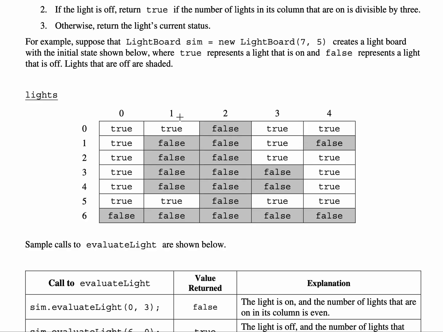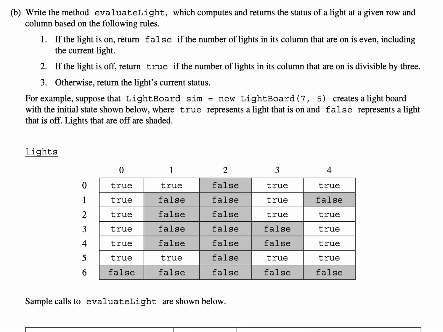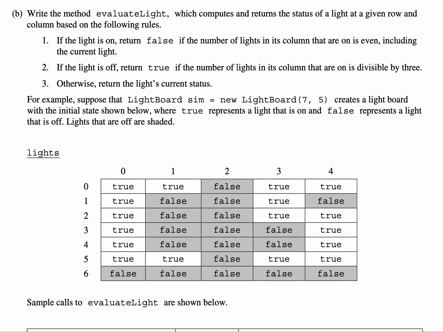Let's see if I can see this. Let's slide this down a little bit. All right, here's part B. Write the evaluate light method, which computes and returns the status of a light given the following conditions. So you essentially have to translate these three things into Java code.